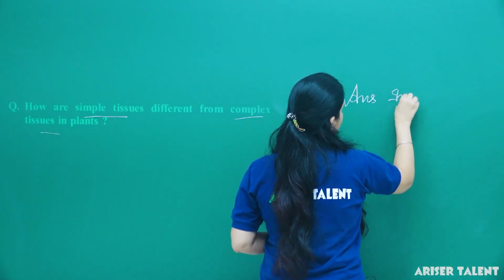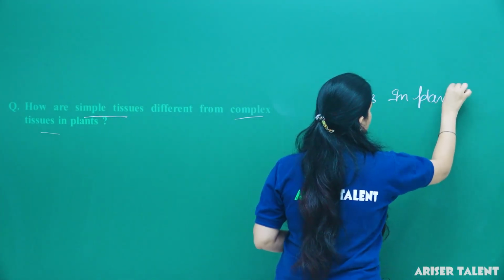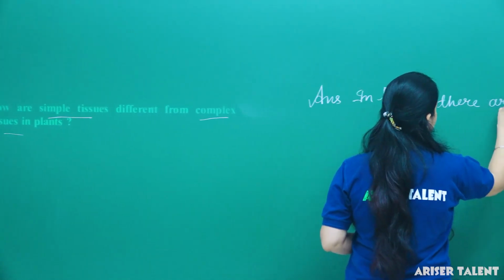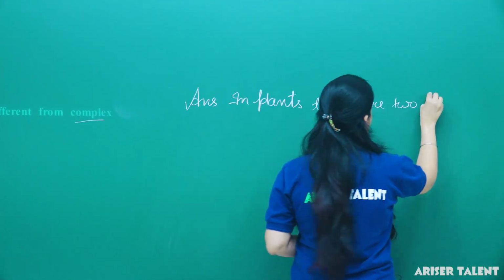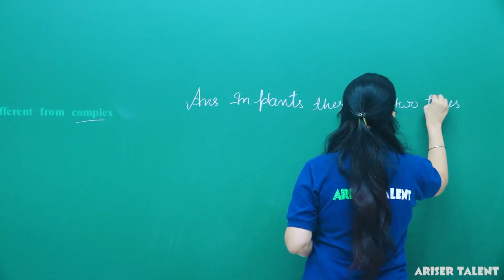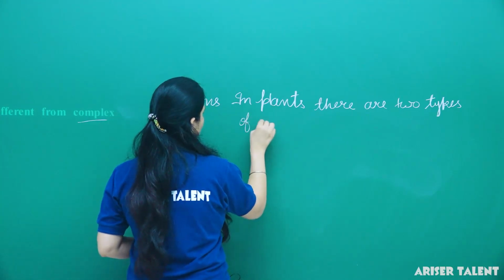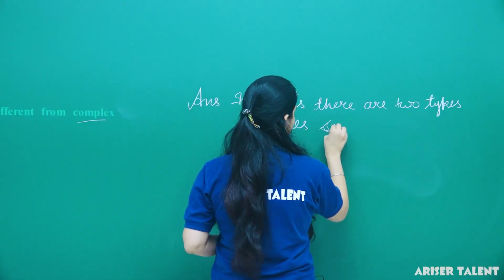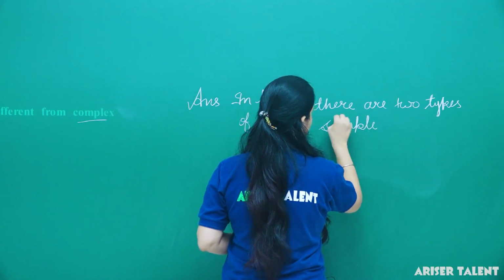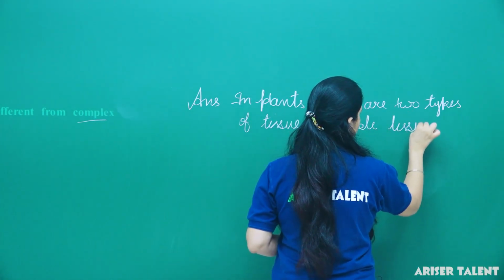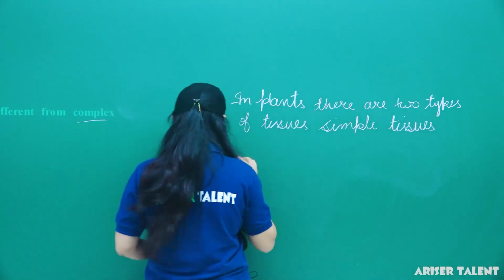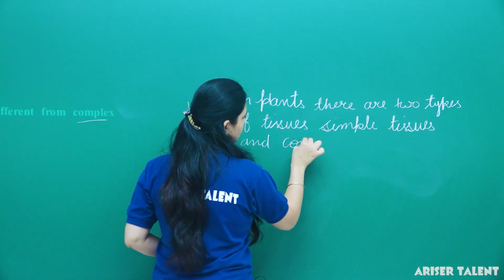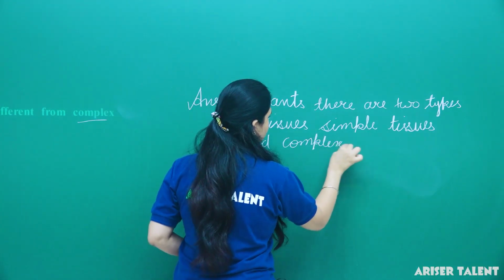In plants there are two types of tissues, simple tissues and complex tissues.